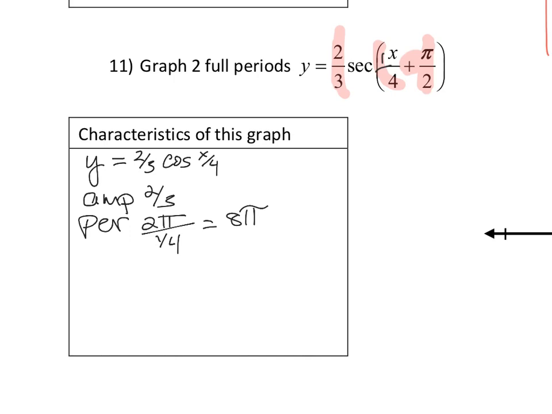Okay. Now I have a horizontal shift, and that's going to be pi over 2 over 1/4. Flip and multiply, I end up with 2 pi. You want to see that? Yeah, okay, you probably do want to see that.